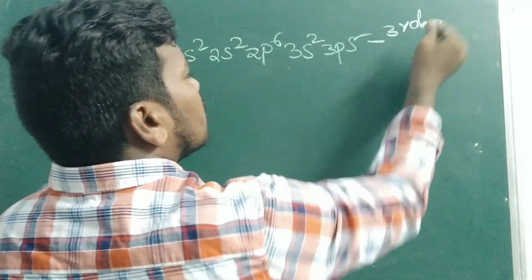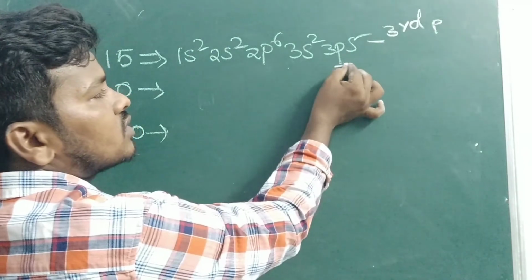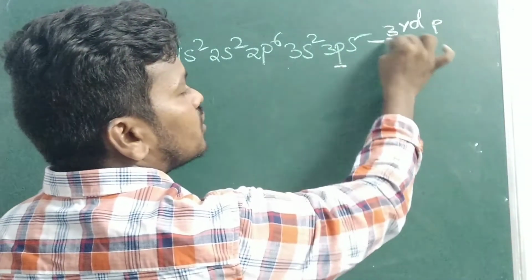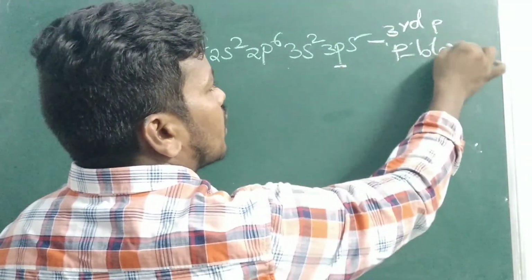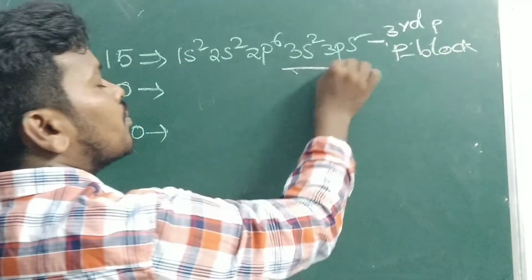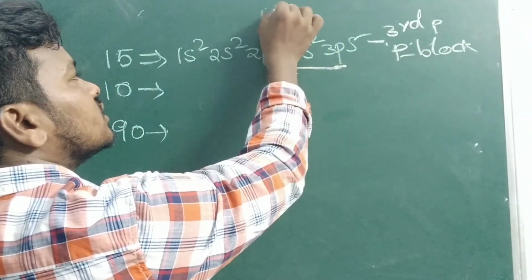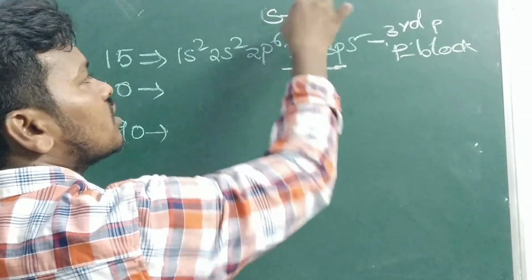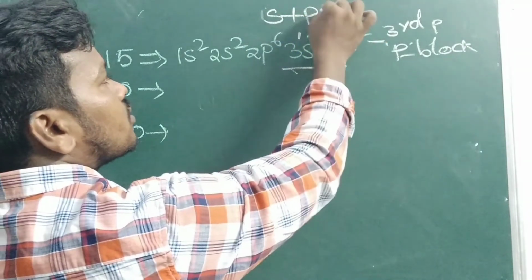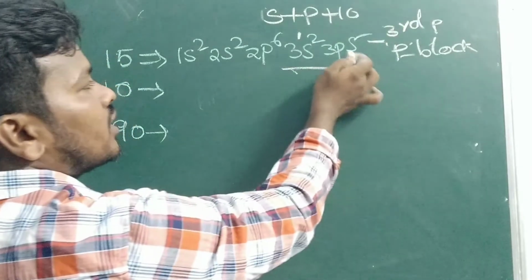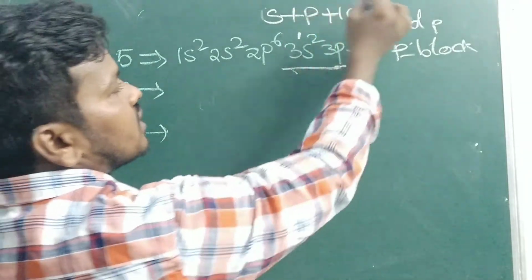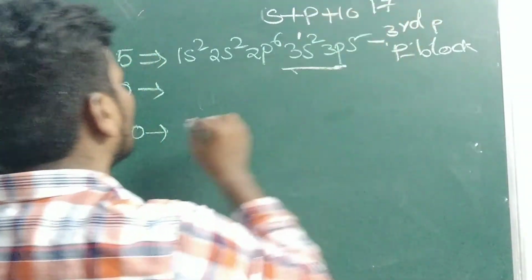What about the block? The last electron enters the p subshell, so it is a p block element. What about the group number? Number of electrons in the valence shell, that means s shell plus p shell, plus 10. So 5 plus 2 is 7, plus 10 is equal to 17, so it belongs to the 17th group.